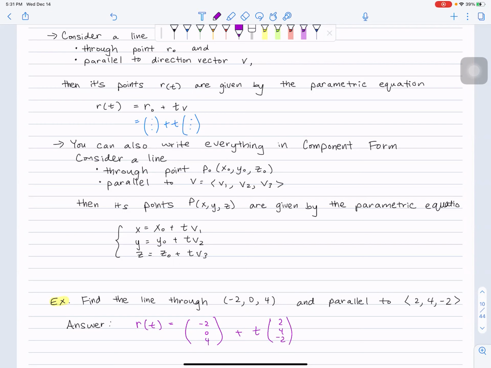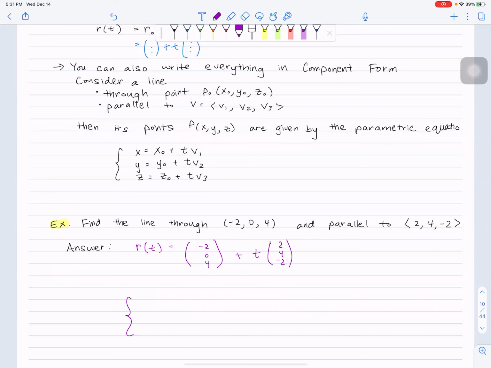So I can write it that way, or I can say r of t is: x equals, I take the first row, which is -2 plus 2t. The second row is 0 plus 4t. And the last row is 4 minus 2t.